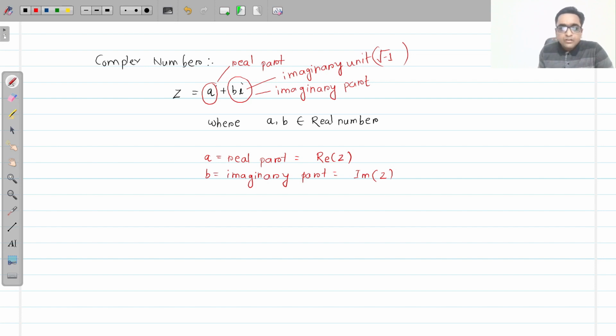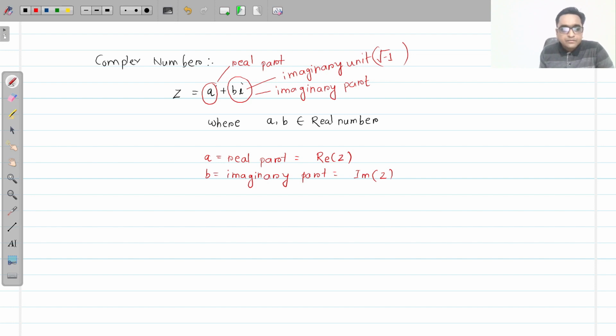So we know that simply a complex number is a combination of real part plus imaginary part.